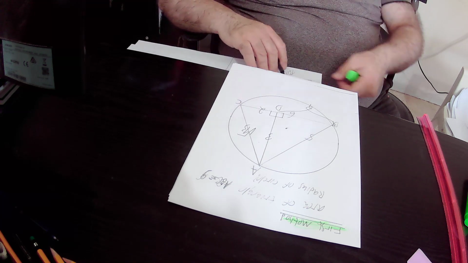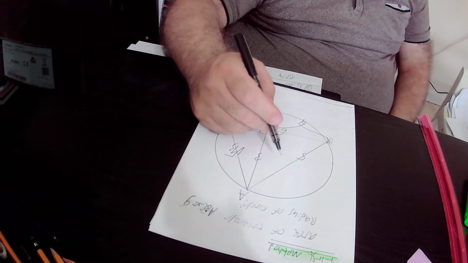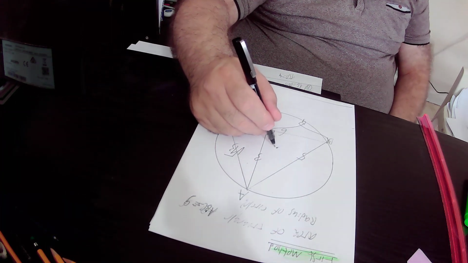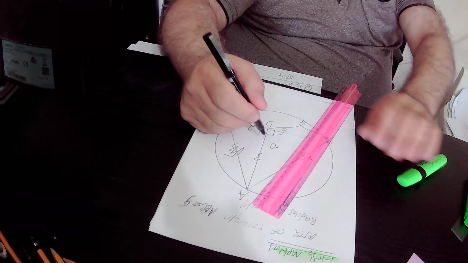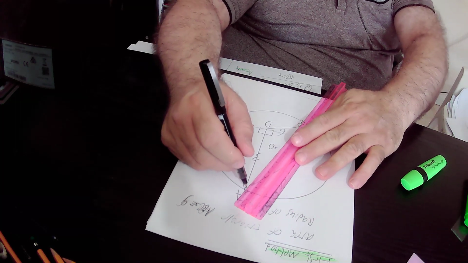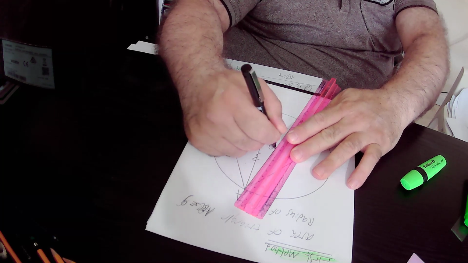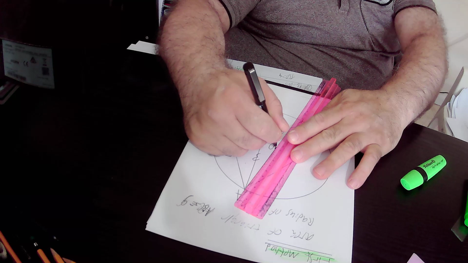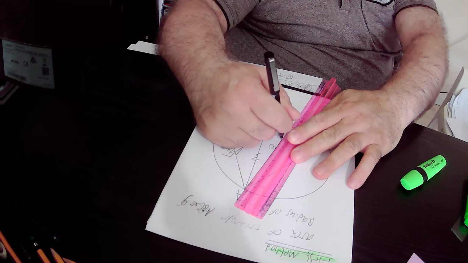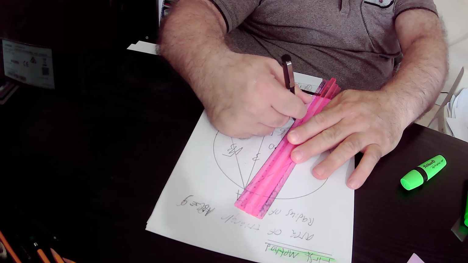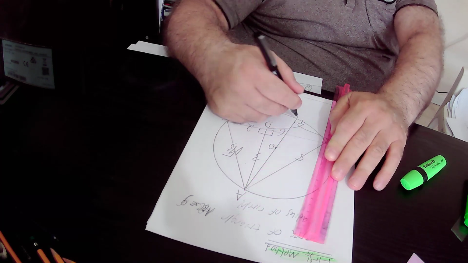In the next step, we will define the center of this circle as O, and we will join points A and O together by a straight line. Then we will extend side AO until it touches the circle at this point.